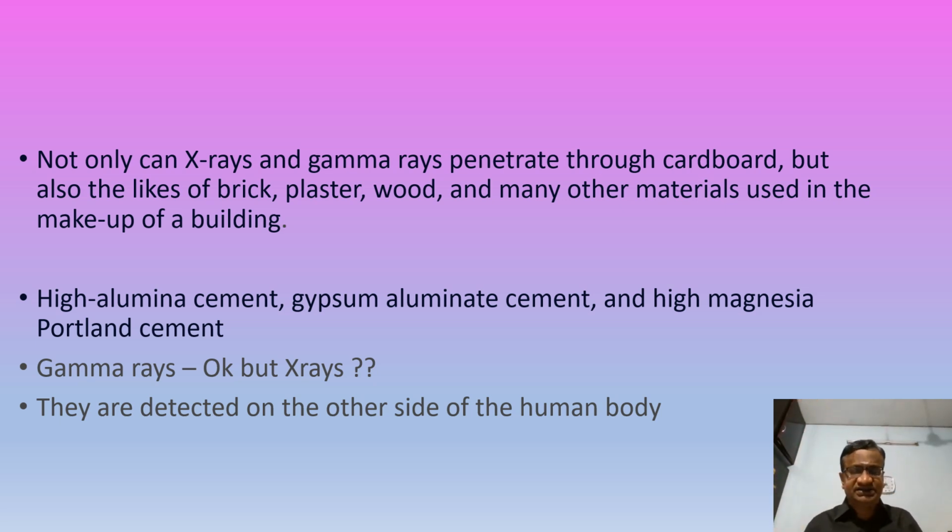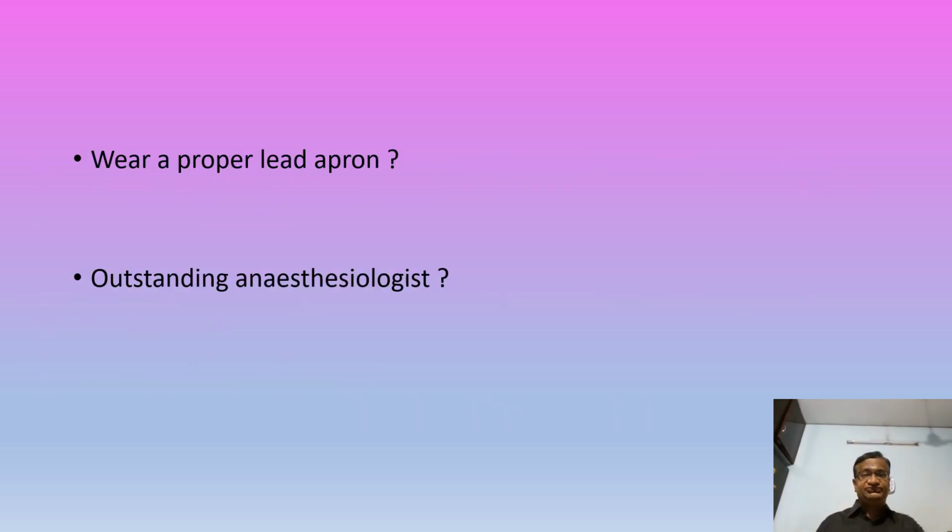If there is steel inside, RCC concrete, it is less. Without concrete, with only a small partition, it will go through. You need high aluminium cement or high magnesium Portland cement for it to block. Otherwise, it will go through whatever you have, and it is detected on the other side of the human body also.